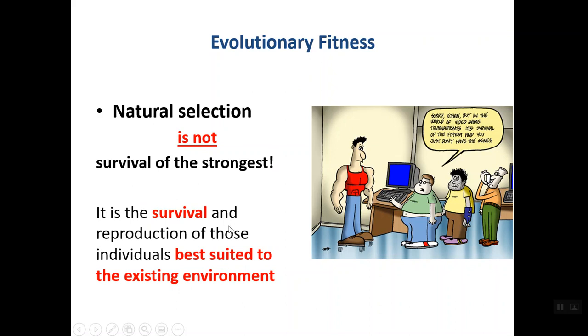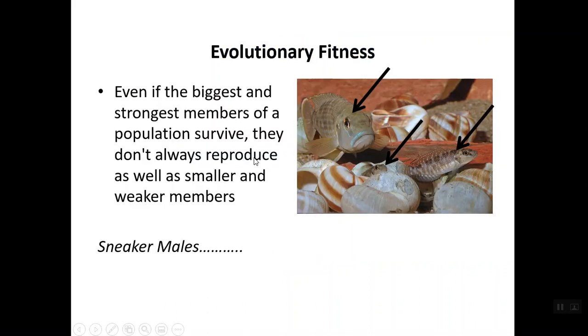Okay, sometimes traits that are not really good traits, generally speaking, could actually be favored and selected for in populations because maybe they do confer more evolutionary, reproductive success in that population. We talked about all this.